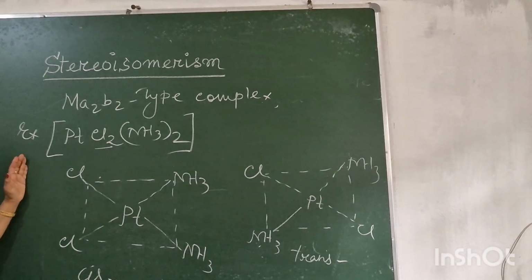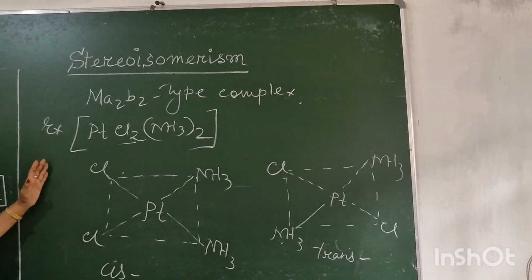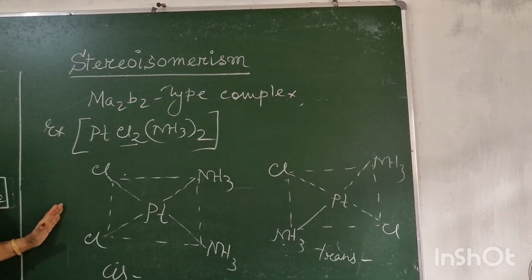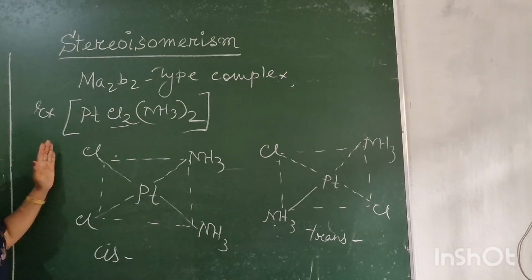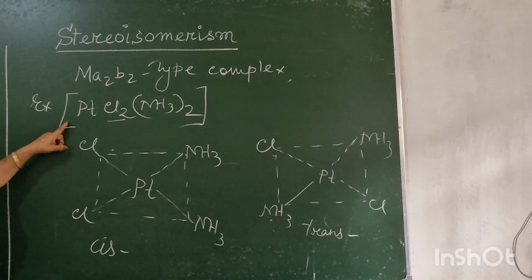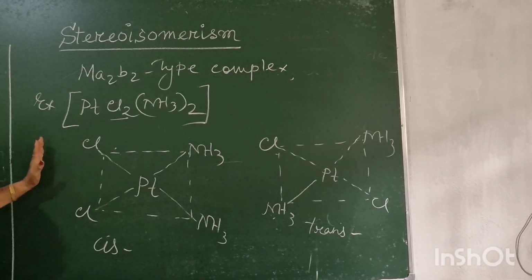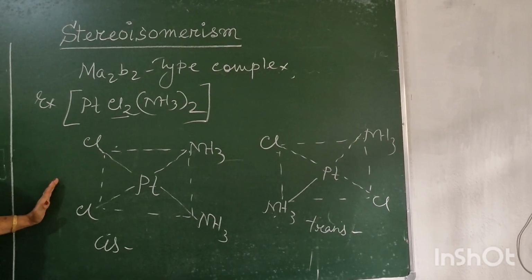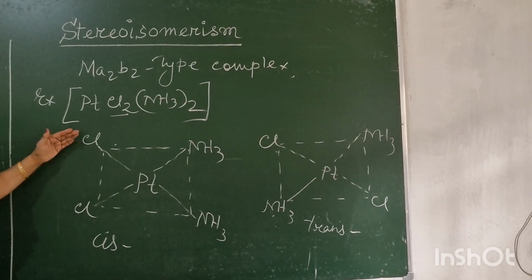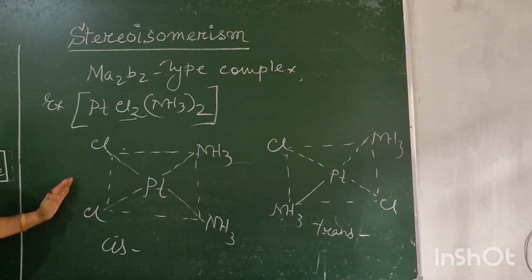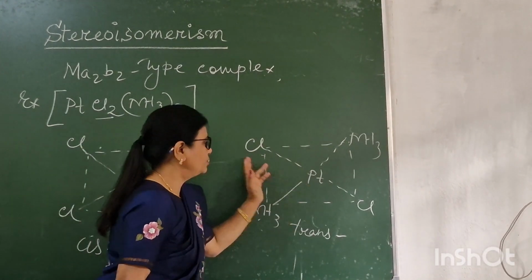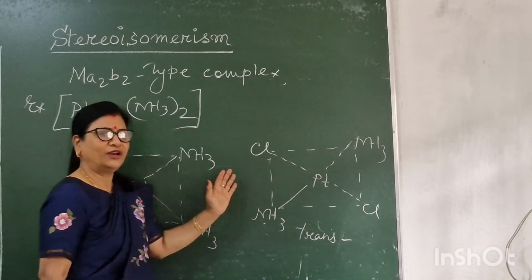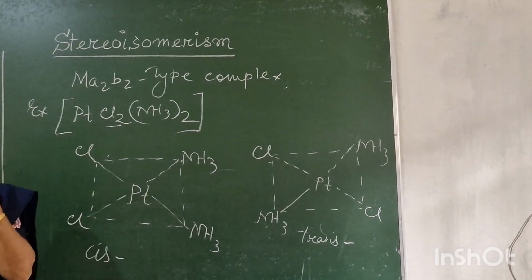But tetrahedral complexes do not show cis-trans isomers because the positions of the ligands are close to each other in tetrahedral complexes. You remember the square planar complexes show cis-trans isomerism. When the same ligands are adjacent to each other, these are called cis, and when same ligands are opposite to each other, these are called trans isomers.